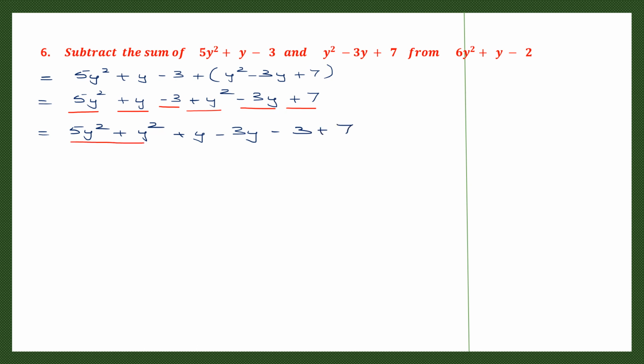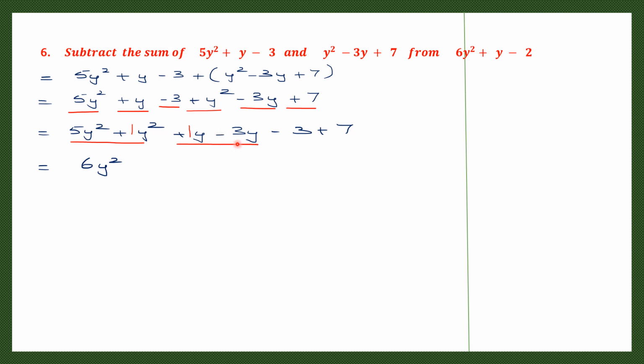So here we have 5y square plus 1y square. So as you can see, let's look only at the numbers. 5 plus 1, signs are the same. So 5 plus 1 is 6. So this becomes 6y square. Let's look at the next one. So here it is plus y minus 3y. This is 1. So let's look only at the numbers.